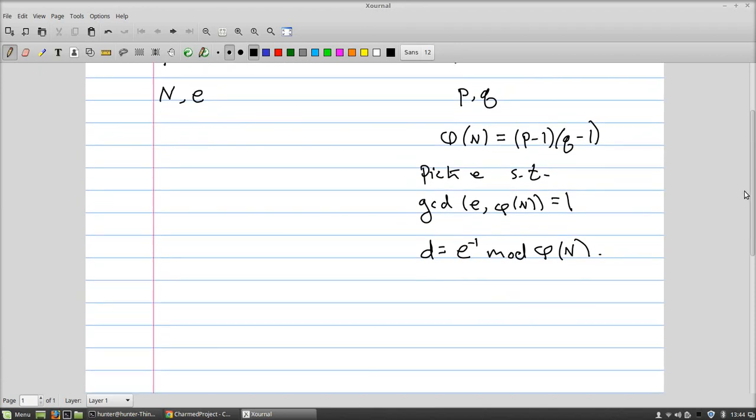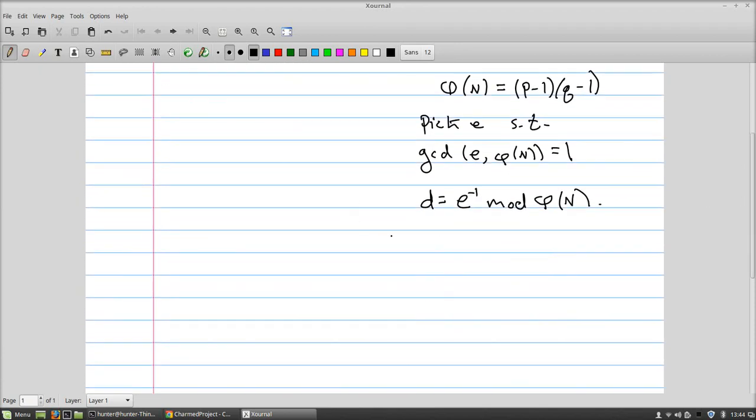Just as an aside, how could revealing D be bad? Well, you know that E times D is congruent to 1 mod phi of n. That's just what it means to be an inverse. And so that means there's an equation here: E times D is equal to R times phi of n plus 1.